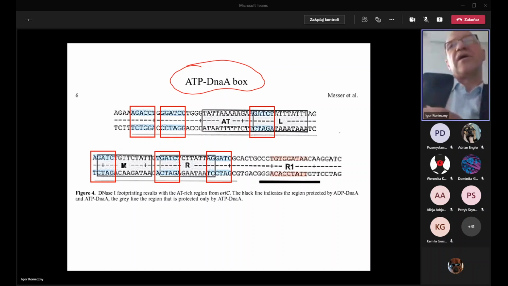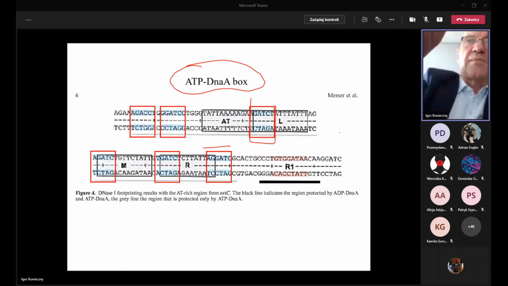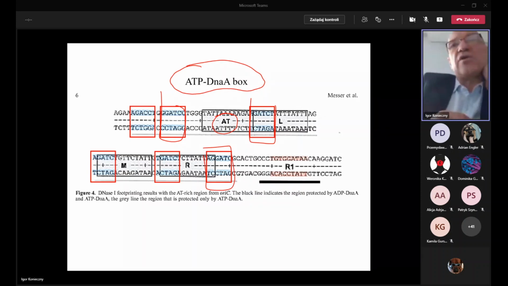But there is a special one. So far I told you about the consensus sequence, and this is the other consensus sequence, which is ATP dependent. You see that those boxes are a little smaller, and they are present within the AT-rich part of the replication origin.